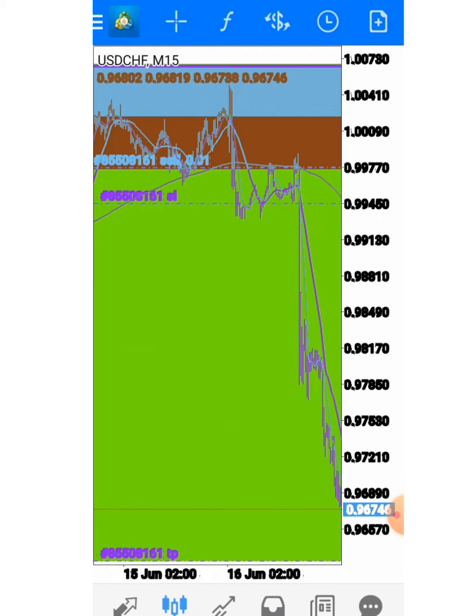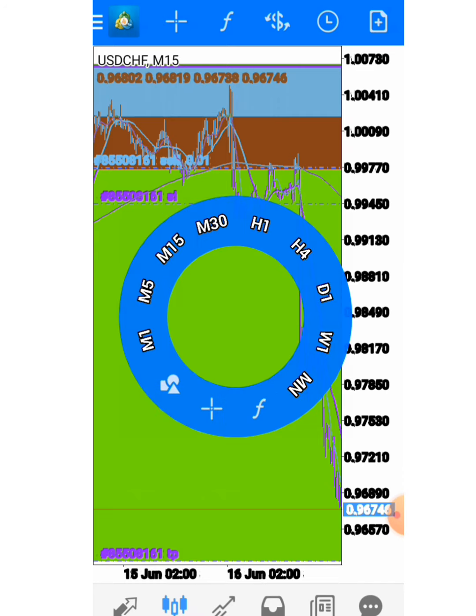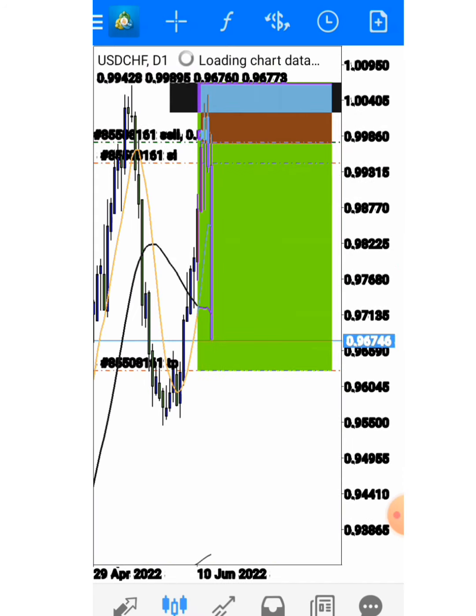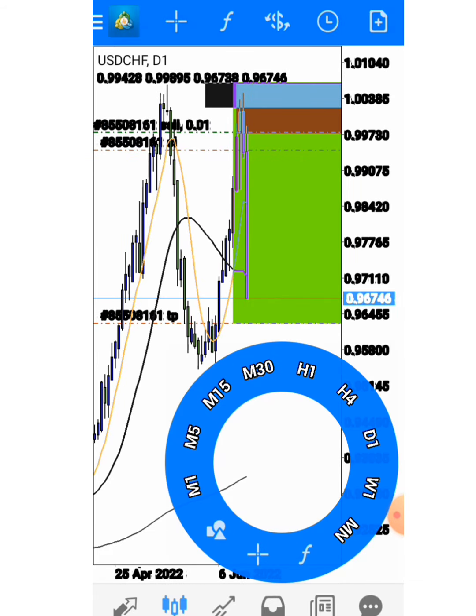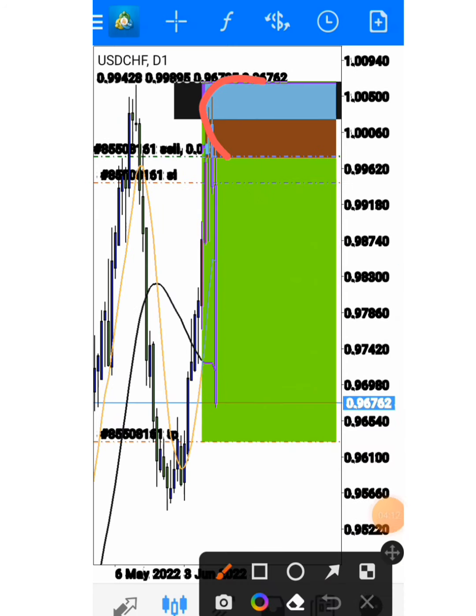So let's go back to the higher time frame. That is the daily chart that I used to enter this. If you look at this market, the risk to reward ratio is very massive. This is my risk area, and this is my reward.